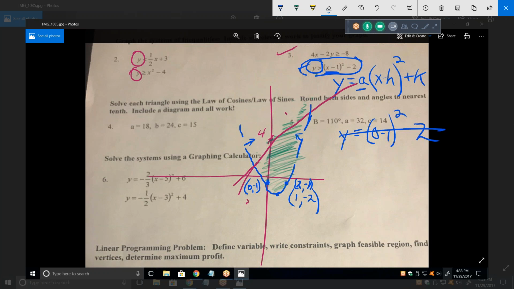Our common region is just the green that is in between the blue and the red. That's almost always the case when they give you a problem like that. It's very rare that your shaded region is an infinite region. It's almost always finite, in other words, surrounded on all sides. The way I had drawn it originally, it was an infinite region.